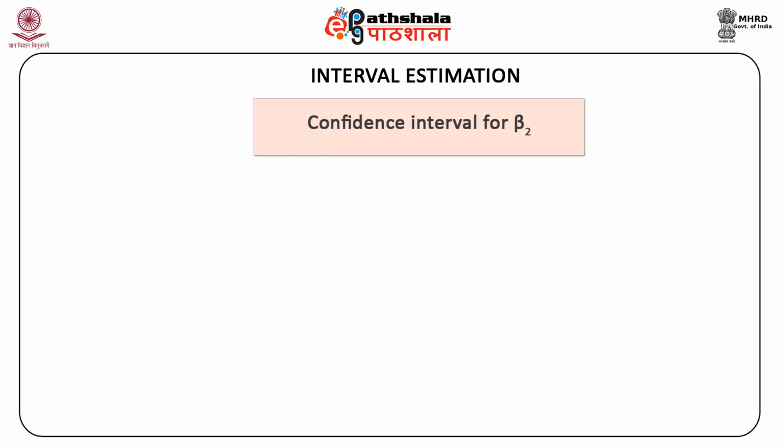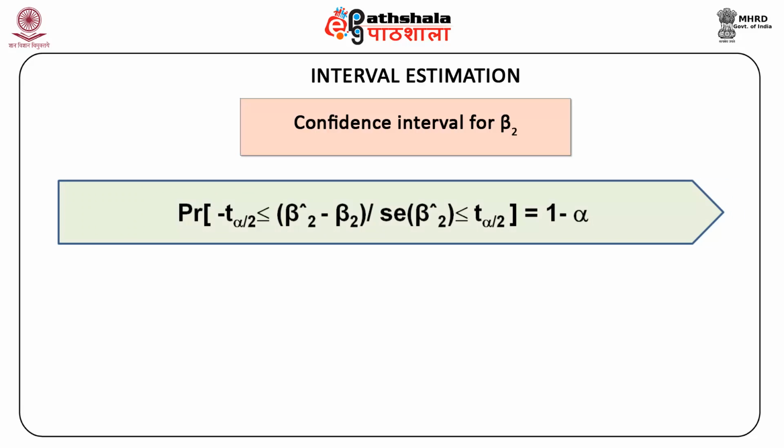The confidence interval for the slope coefficient beta 2 is Pr[minus t alpha divided by 2 less than or equal to (beta hat 2 minus beta 2) divided by SE of beta hat 2, less than or equal to t alpha divided by 2], which is equal to 1 minus alpha.